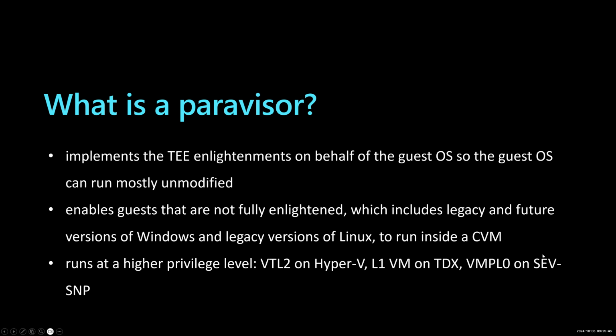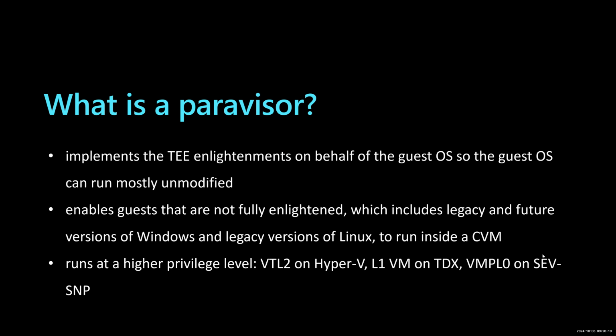Basically, a paravisor implements the TEE enlightenments on behalf of the guest OS, so that the guest OS does not need to be fully enlightened. It can run mostly unmodified, or in theory, even completely unmodified. So this paravisor enables guest operating systems that are not fully enlightened to run inside a CVM.